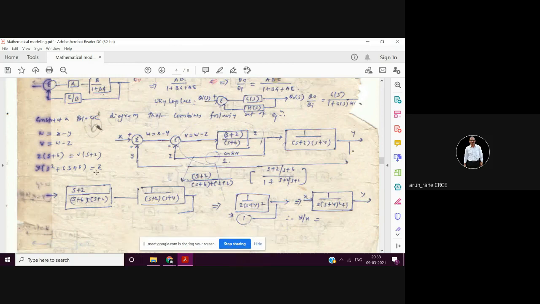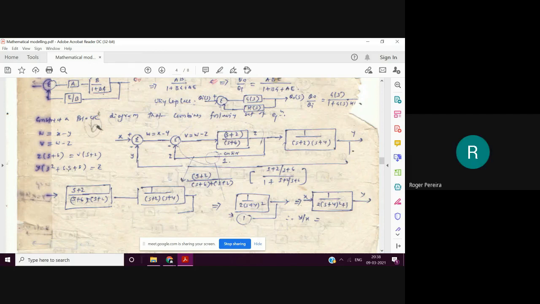Now here we will factorize this, S square plus 6S plus 8. So this factor will be S plus 4 and S plus 2, correct? Four twos are 8 and 4 plus 2 is 6.